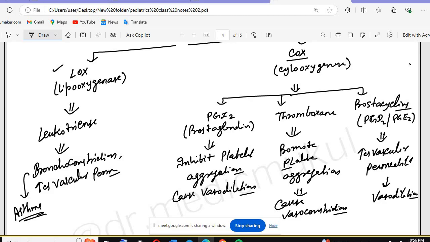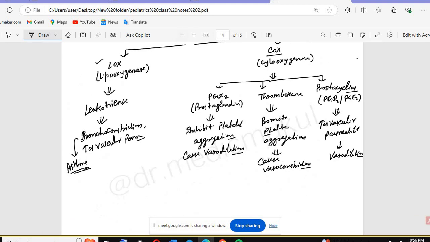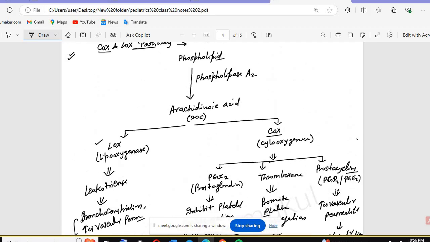Similarly, if we talk about the COX, based on this pathway we have discussed some drugs.